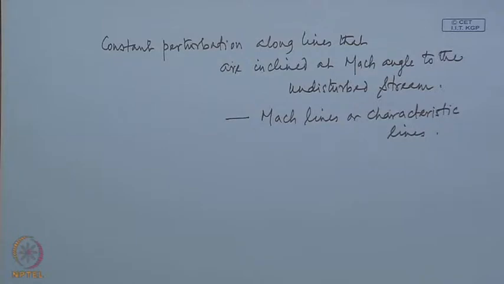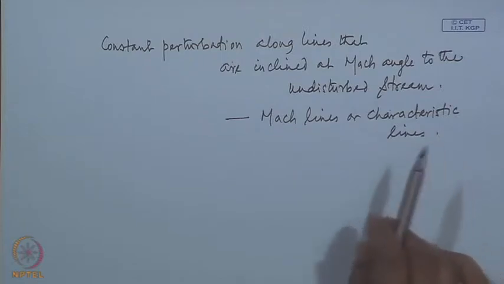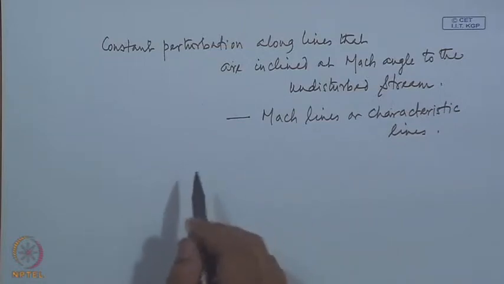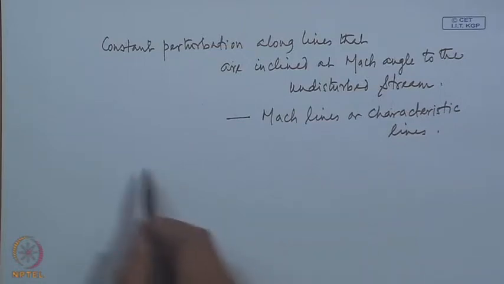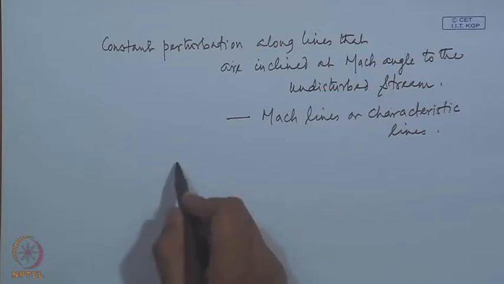Now, once again we see that this has nothing to do with the boundary conditions; in fact, this is the property of the basic solution itself. So, this fact is independent of boundary conditions.